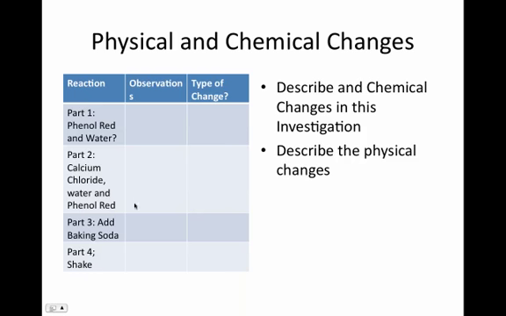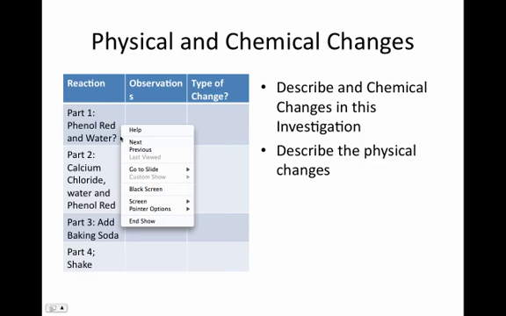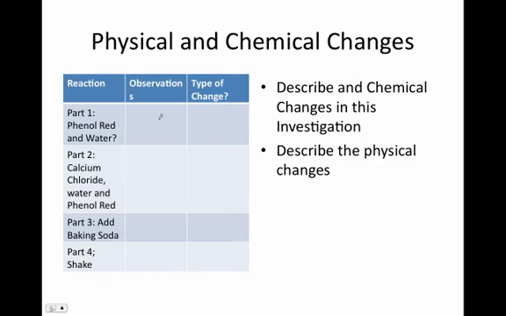So we did this change in class long ago, where we took phenol red and water, and we observed that to be simply just a physical change because we still had red and water. But then we added calcium chloride to it, and it started to heat up like a hot pack.